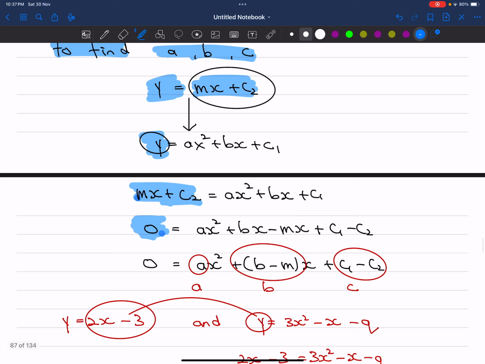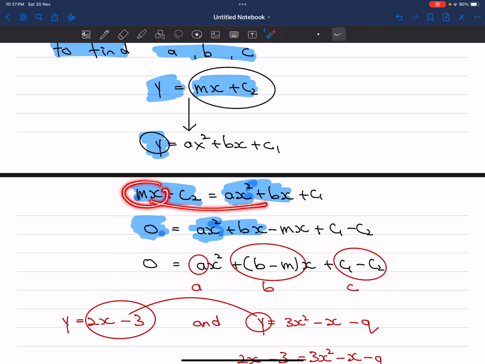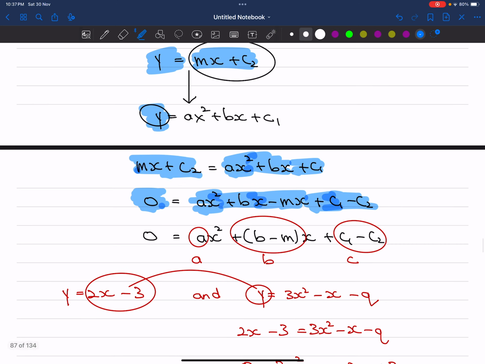So I would have ax squared, the original one, plus bx, and mx I transfer, becomes minus mx, and then I have my c1, and finally c2 transfer, I get minus c2. And here, the x is in 2 places, so I must factorize.